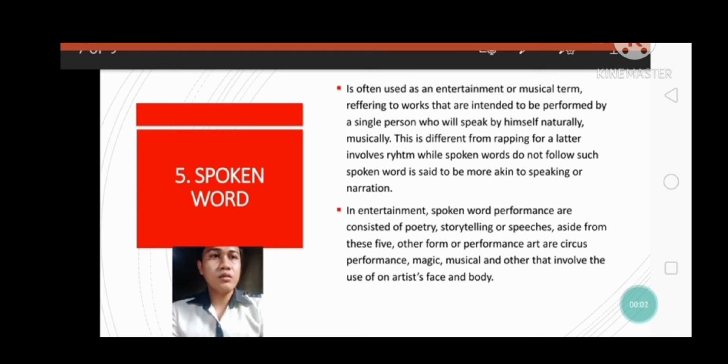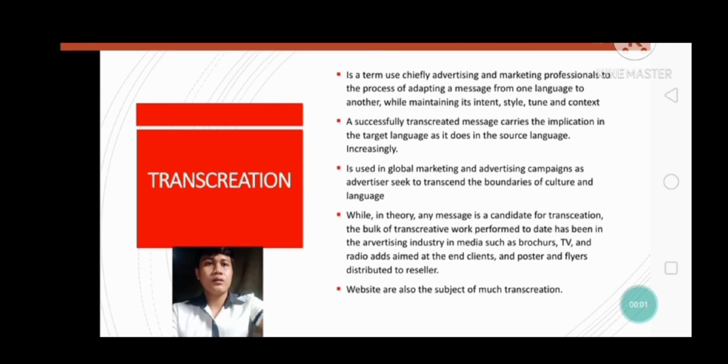Spoken word is said to be more akin to speaking or narration. In entertainment, spoken word performances consist of poetry, storytelling, or speeches. Aside from these 5, other forms of performance art are circus, performance magic, musical, and others that involve the use of an artist's face and body.